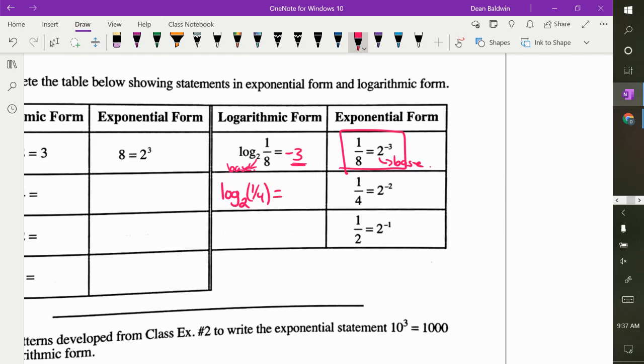Equals what? Negative 2. This is the exponent on the original, and that's the base. So the exponent on the original is what everything equals. The base here becomes the base in the log, and the 1/4 just sort of sits there.